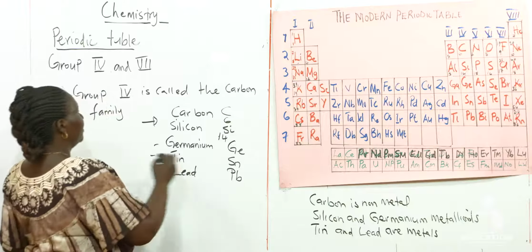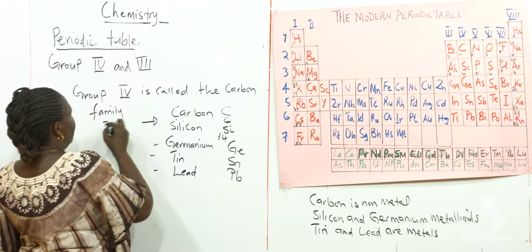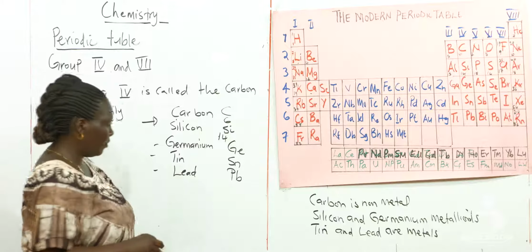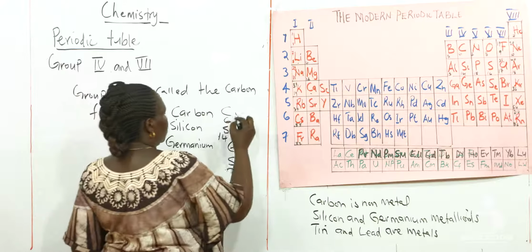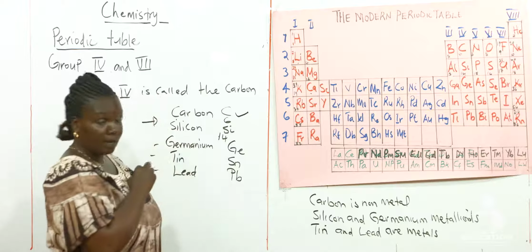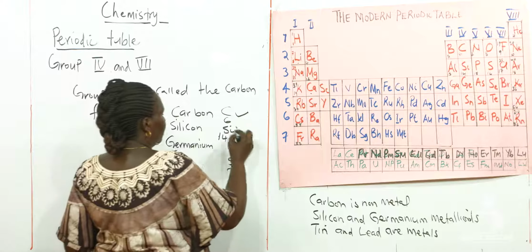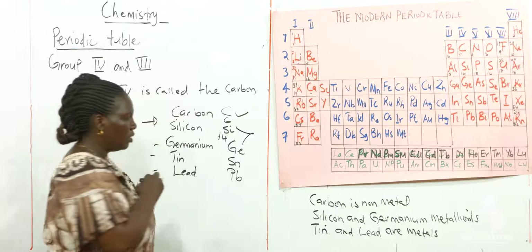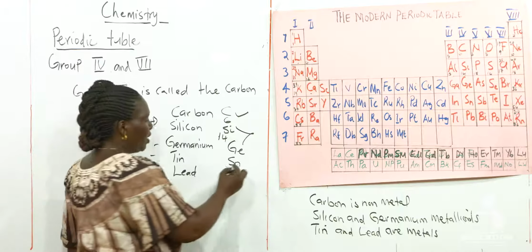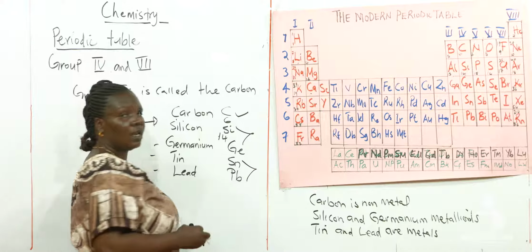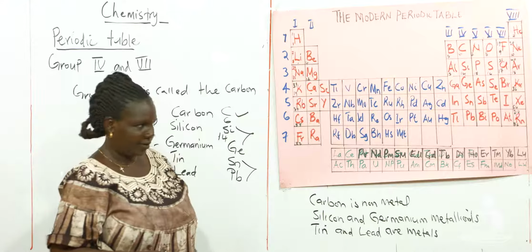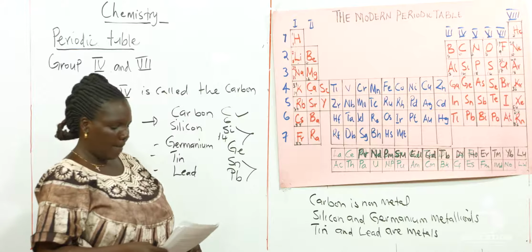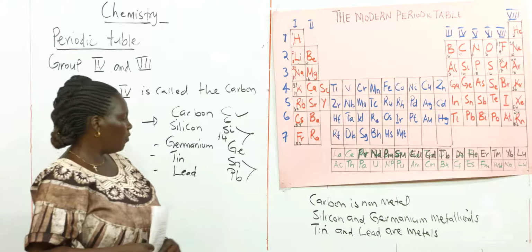So in this family of group 4, carbon is a non-metal, silicon and germanium are metalloids, and tin and lead are metals. So these are members of group 4.